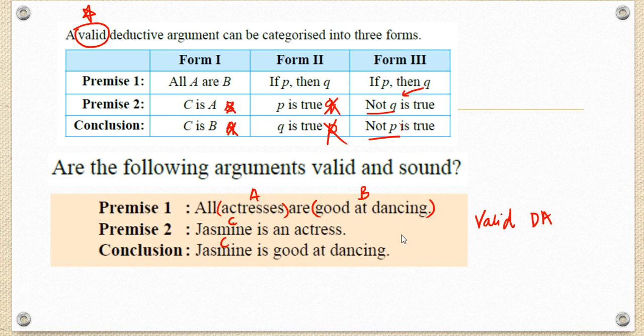Maybe some are good at acting, some are good at singing. So this is a false statement. Premise 1 is already wrong, meaning this deductive argument is not sound. There are two things you have to remember: valid and sound.